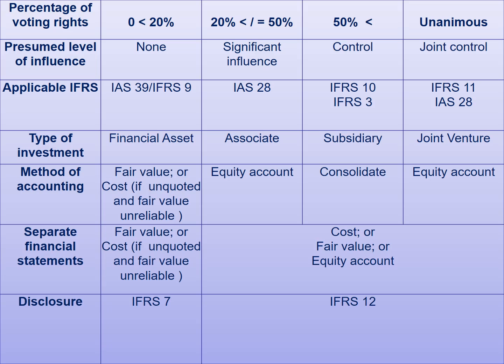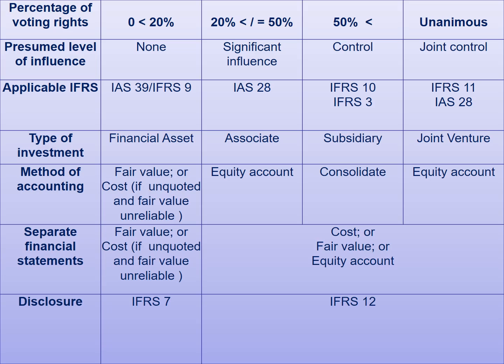Lastly, we look to the summary of what we've discussed in this webinar. So this last slide explains to you at a high level, and there can be exceptions to this, what type of accounting goes with the different levels of influence. Starting from the left hand side, if you've got less than 20% and no other funny contractual arrangements in place, one would assume that all you've got is a straightforward financial asset, an investment in another entity.